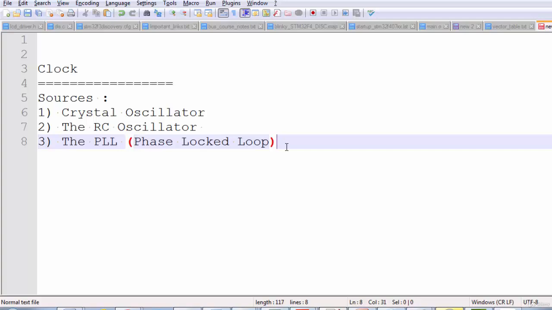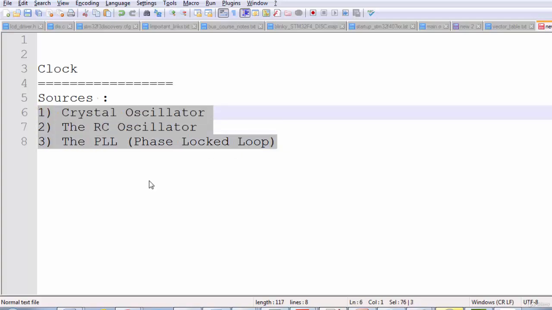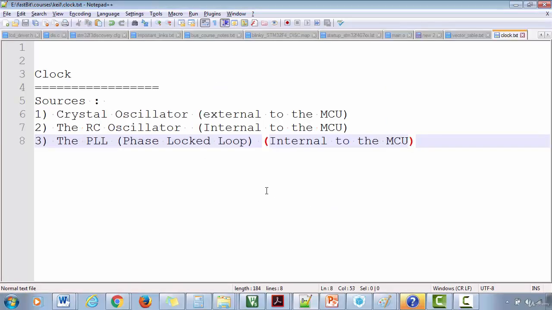Great. So these are the main clock sources. To conclude this lecture, a microcontroller needs a clock to operate. A clock comes from a clock source. There are three major different clock sources, and you can use one among these. The majorly used clock sources are the crystal oscillator, the RC oscillator, and the PLL.